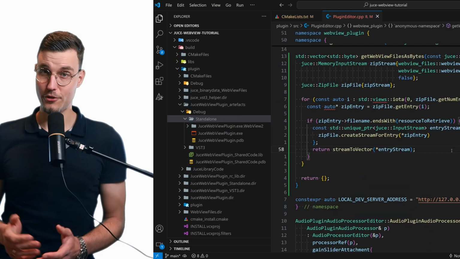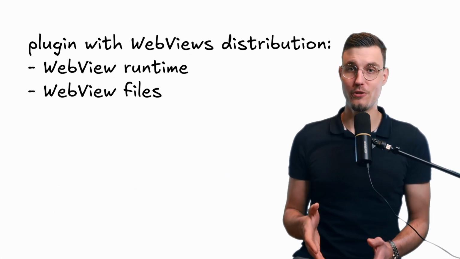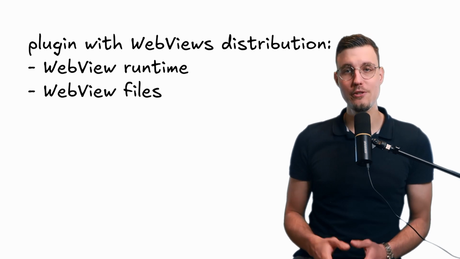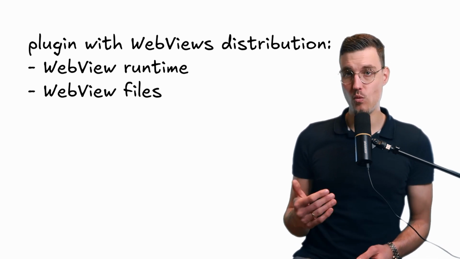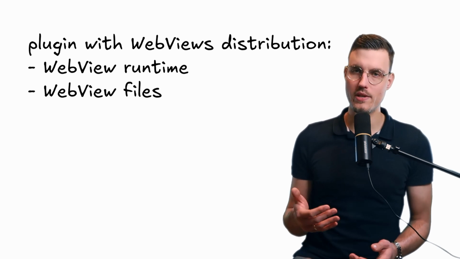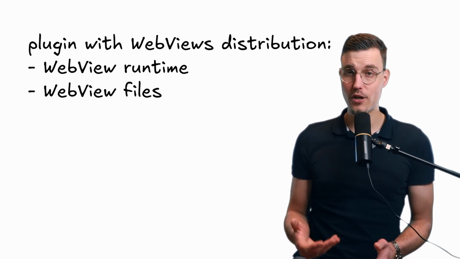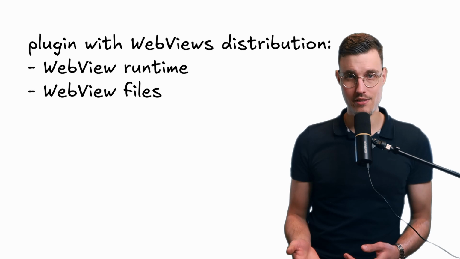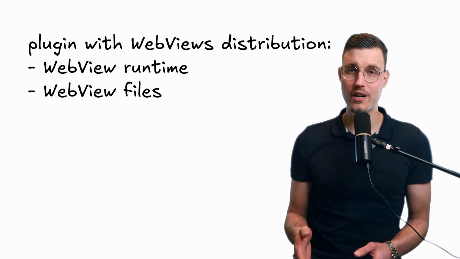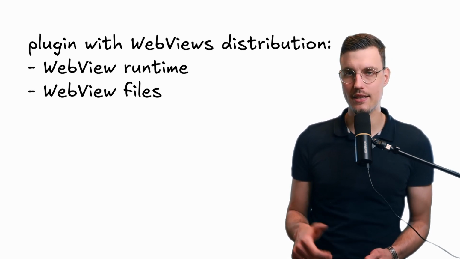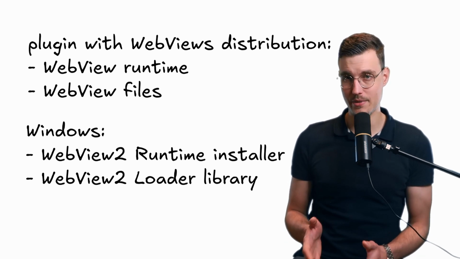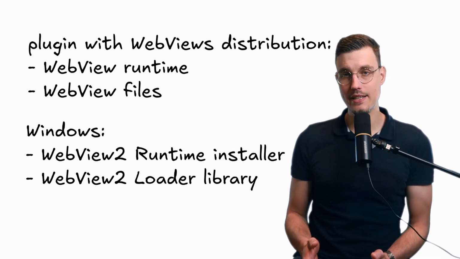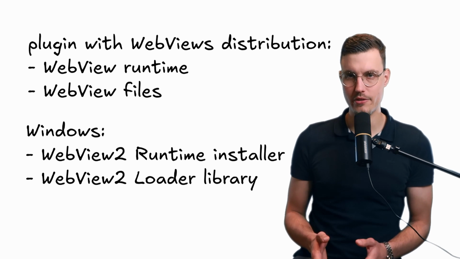To recap, when distributing an audio plugin using WebViews, we need to ensure that the target device has the appropriate runtime, and then the web UI files are bundled with the plugin. If you follow JUCE's minimum deployment targets, runtime considerations require action only on Windows and Linux. On Windows, you should bundle the WebView2 Runtime installer with your plugin and link to the WebView2 loader library.